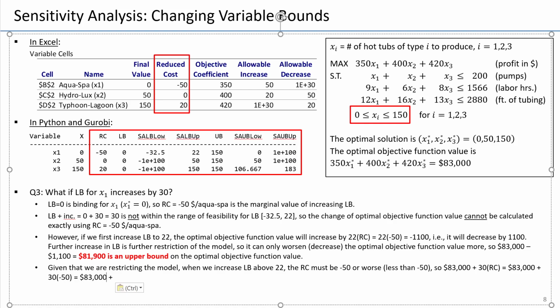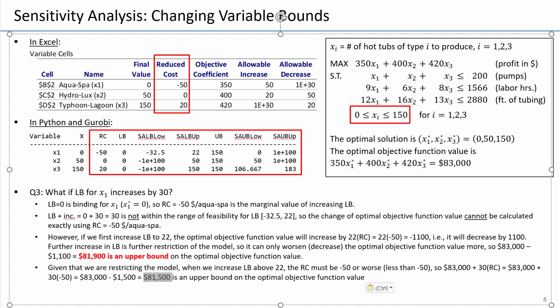This is minus 1,500, which will be 81,500. This value is actually an upper bound on the optimal objective function value, right?